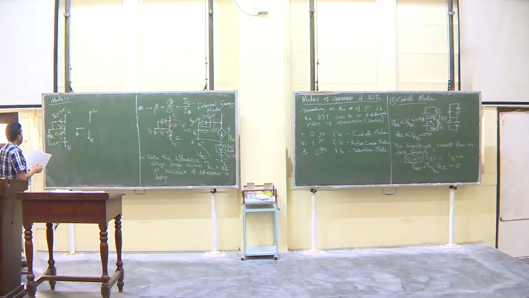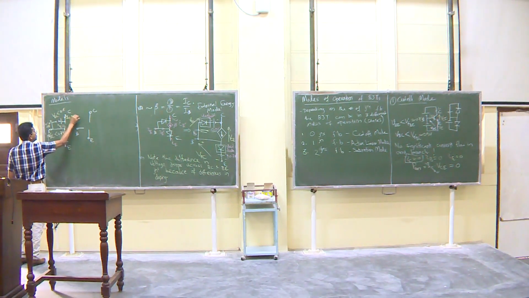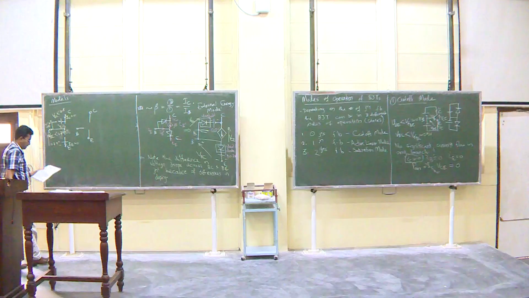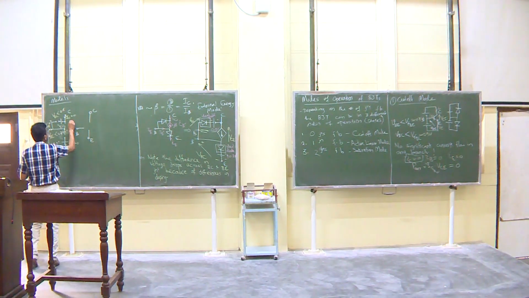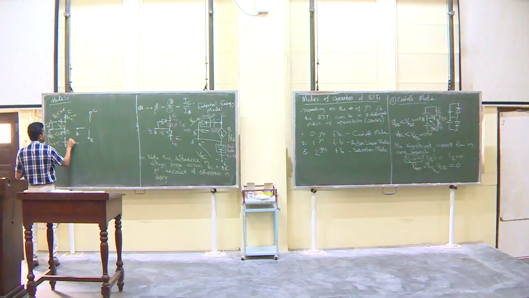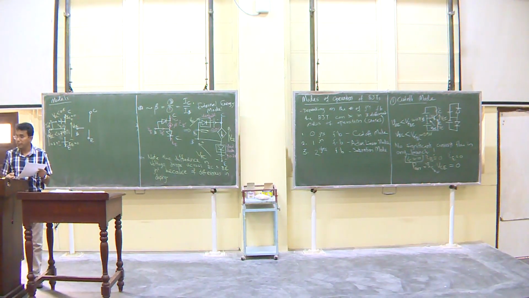right, and all the currents IB 0, IC 0, no current passes, and IE, all the currents are 0, and the voltage between the emitter and the collector VCE can be anything. You can have any voltage that is applied externally.